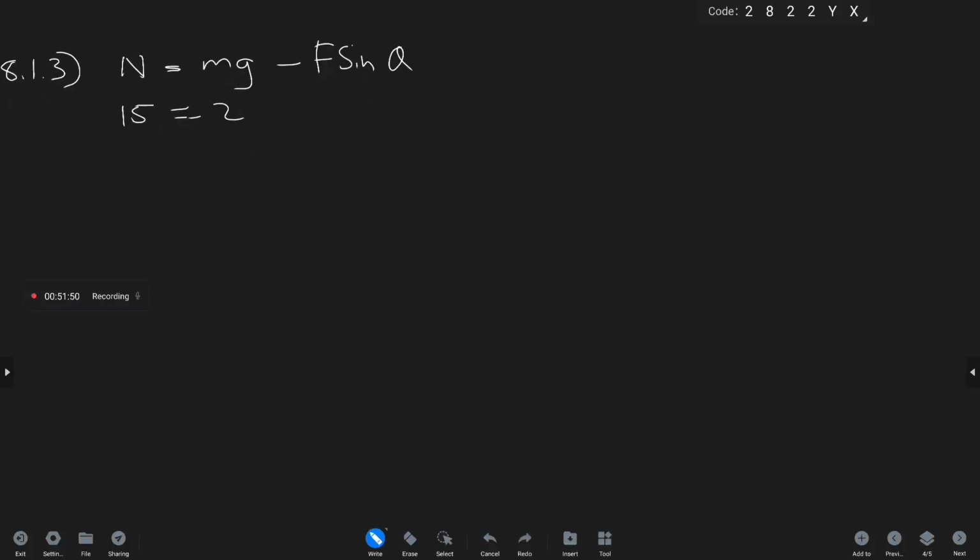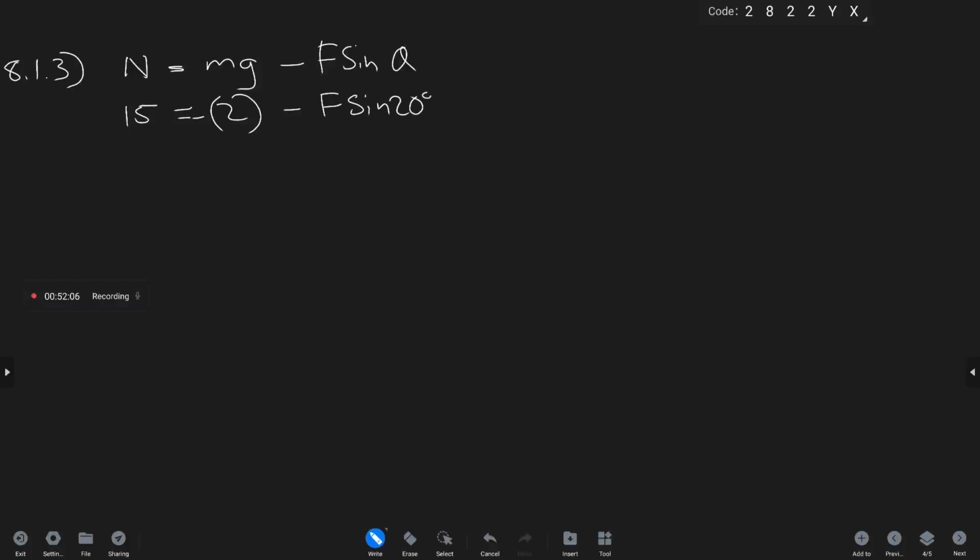9.8. The screen keeps moving each time I try to do the writing, but hopefully you'll get this one sorted out. Now, I'm forgetting to include the 9.8. I'll include it just now.